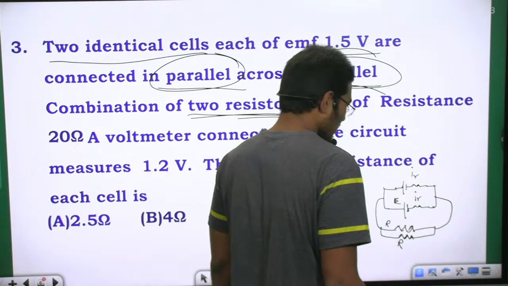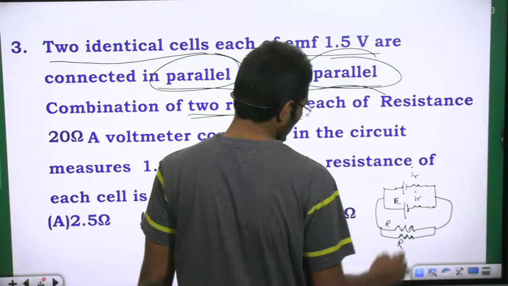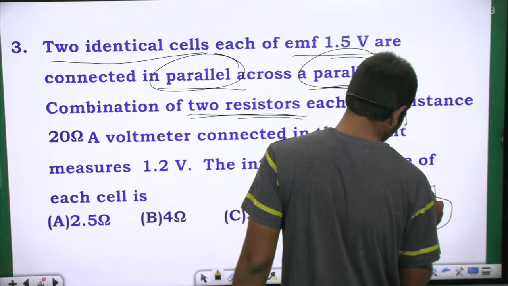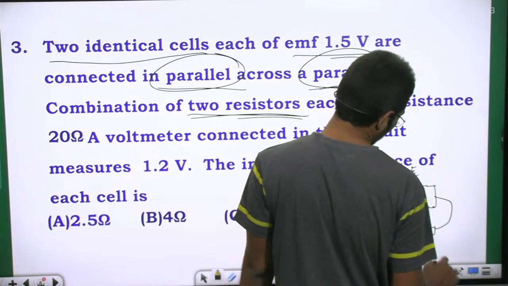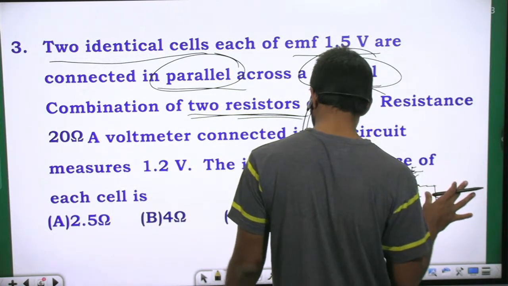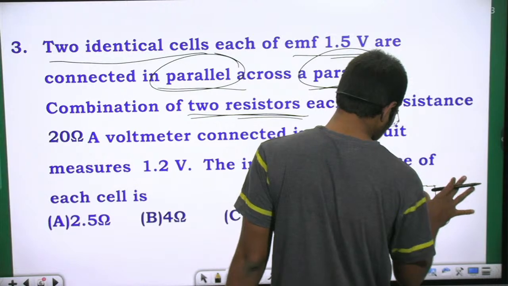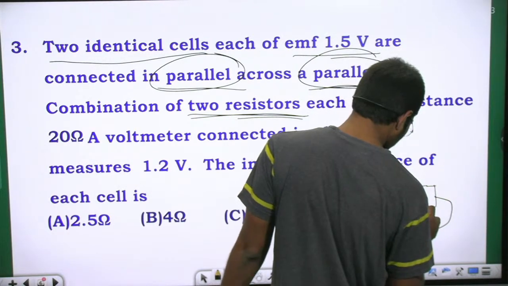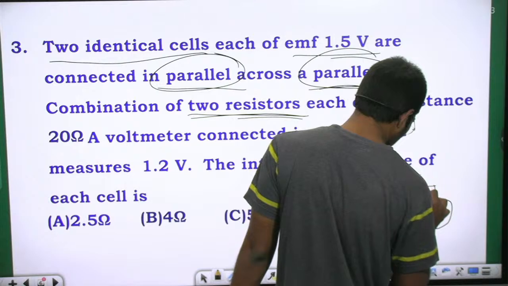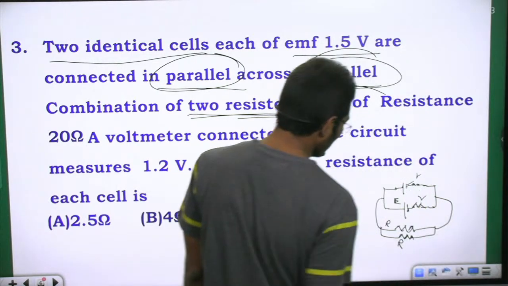Internal resistance, okay. Let us simply represent it as r. This is capital R and that is small r.